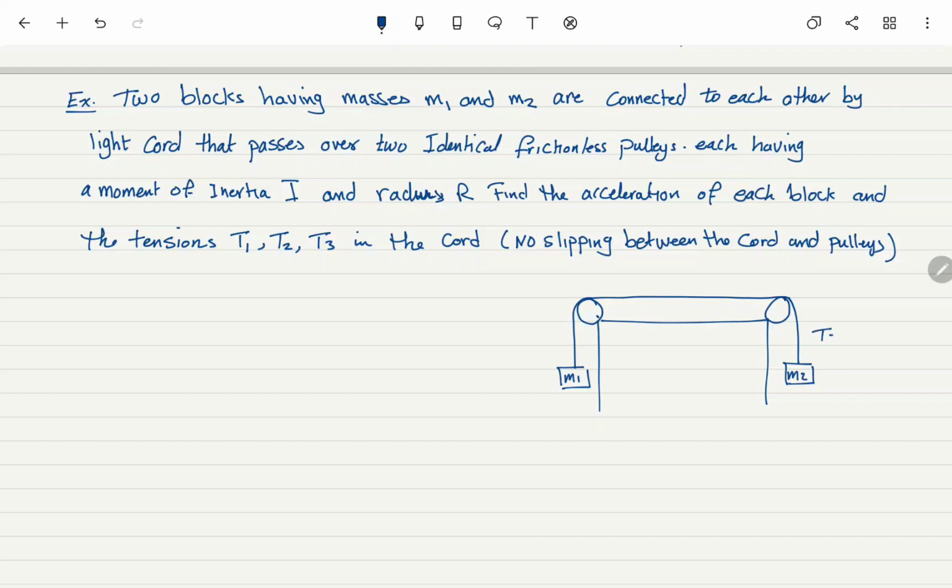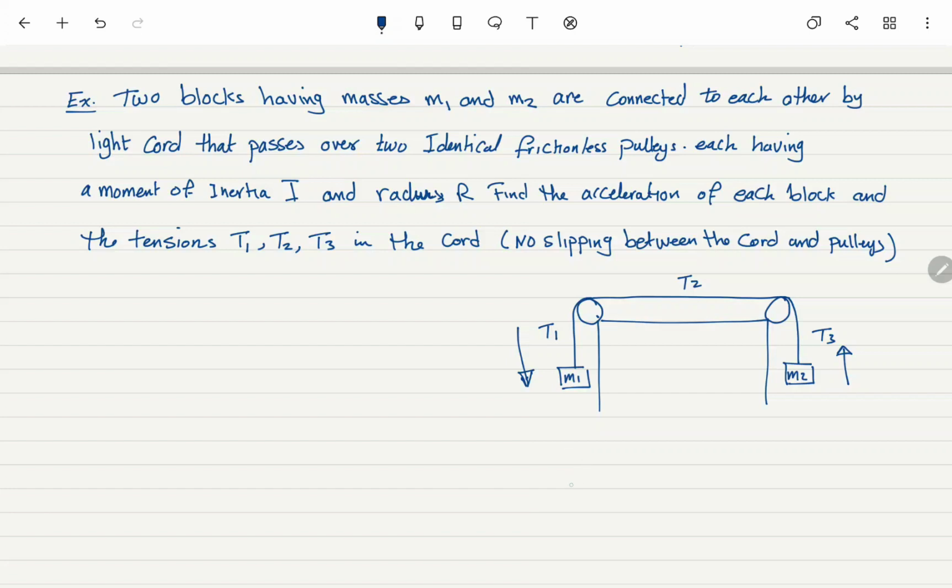We have here T3, T2, and T1, and it's moving this way here, and this one is moving this way here. Now let's draw the free body diagram for this one here.